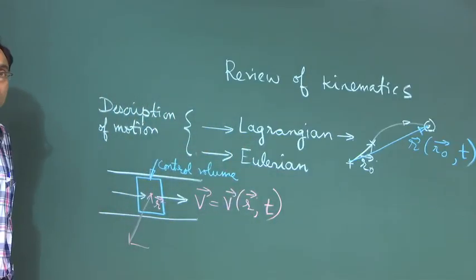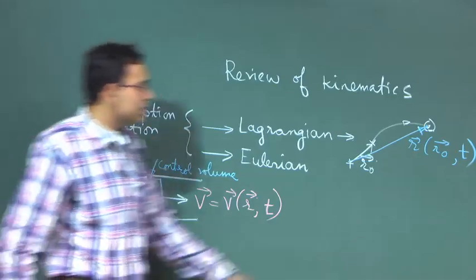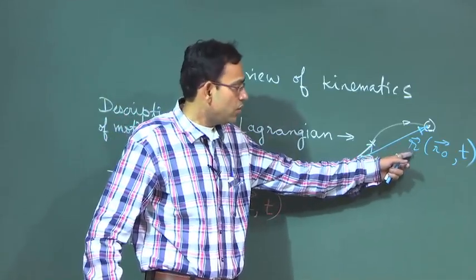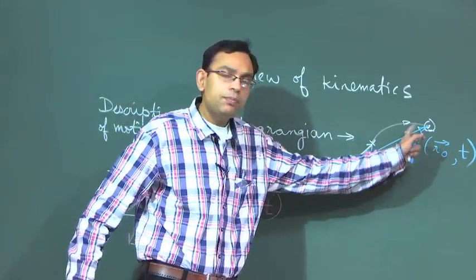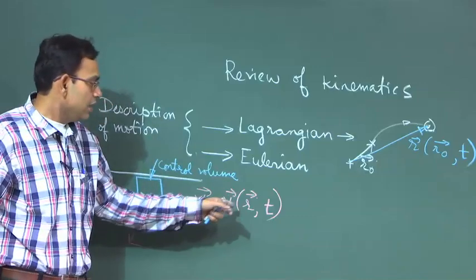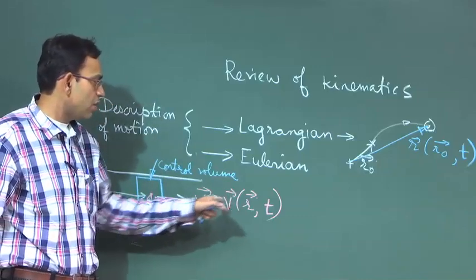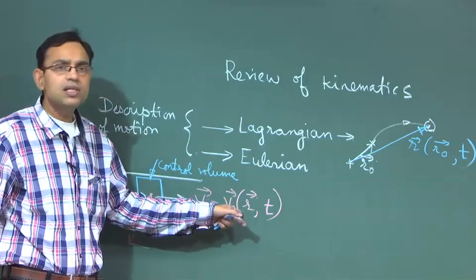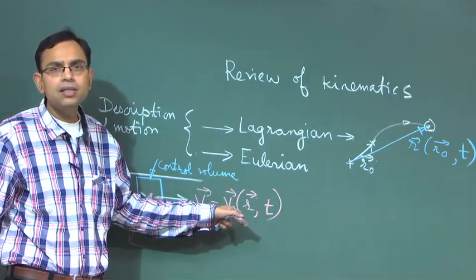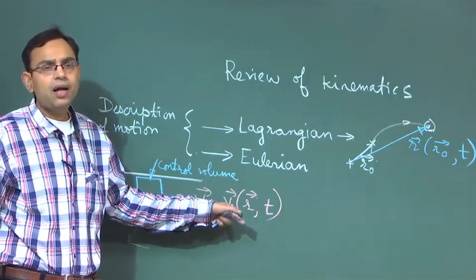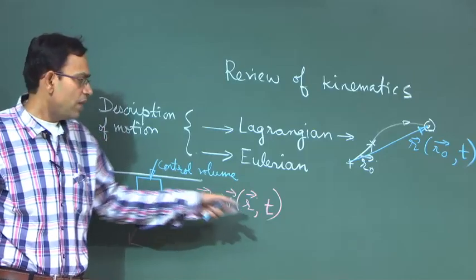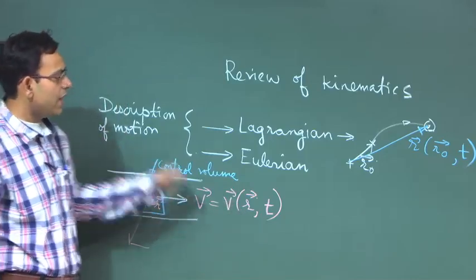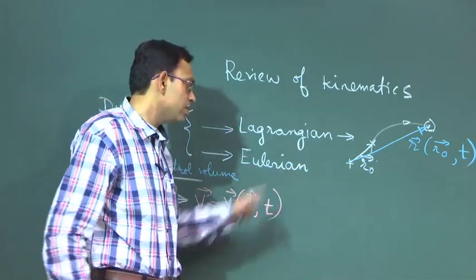See, in the Lagrangian description you have the initial position of a particle important. Here in the velocity description in the Eulerian perspective you do not have initial position that important. That means it is not a matter of concern to you where the particle has come from and where it is eventually going.